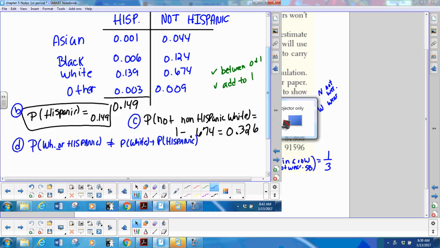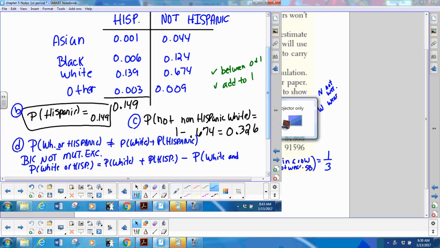So that's the why, because they're not mutually exclusive. If you did do that, you would end up double counting the intersection. So to actually find the probability of white or Hispanic, you have to do the probability of white plus the probability of Hispanic minus the probability of white and Hispanic.